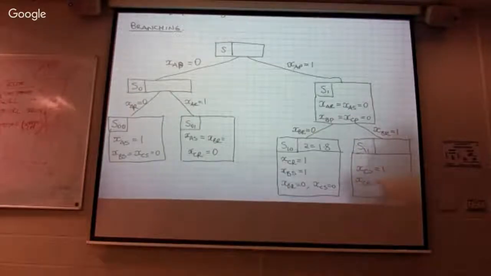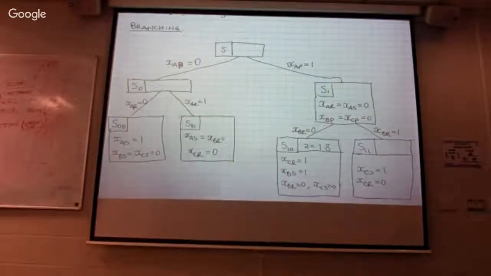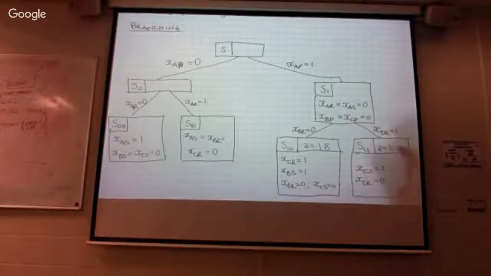XCR has to be 0, and something else has to be 0. In any case, you get these three, CS, BR, and AP. And that gives you the value of 1.9.